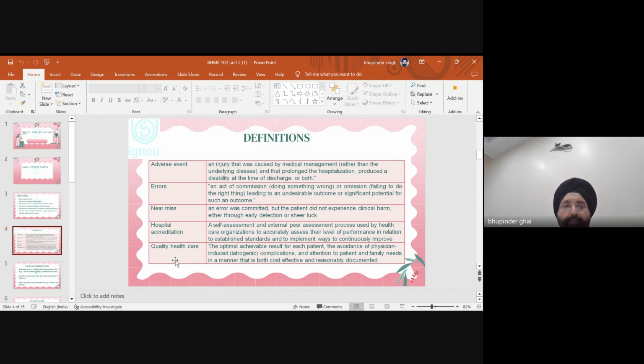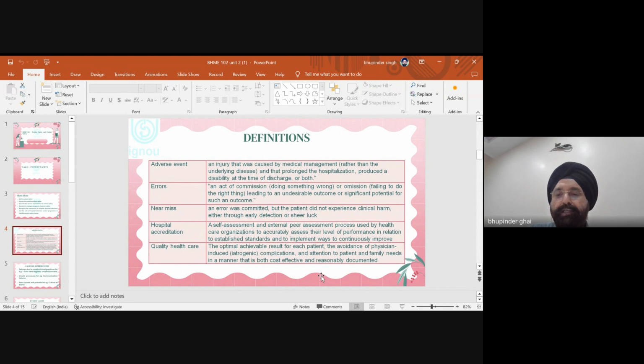What is quality health care? It's the optimal achievable result for each patient, the avoidance of physician-induced complication, and attention to the patient and family needs in a manner that is both cost effective and reasonably documented.